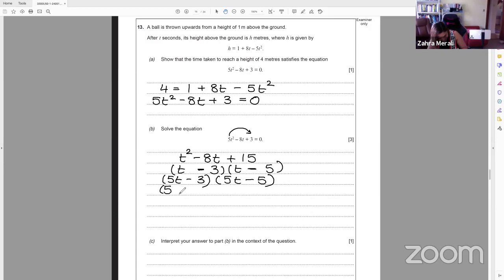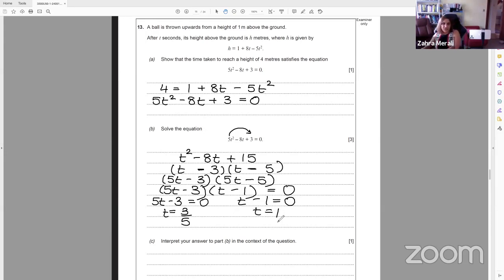This one is already in its simplest form. This one you can divide by 5, and you've got your factorization. So that equals 0. Now, each of those brackets can equal 0. So you can have 5t minus 3 equals 0, or t minus 1 equals 0. So t equals 3 over 5, and t equals 1.